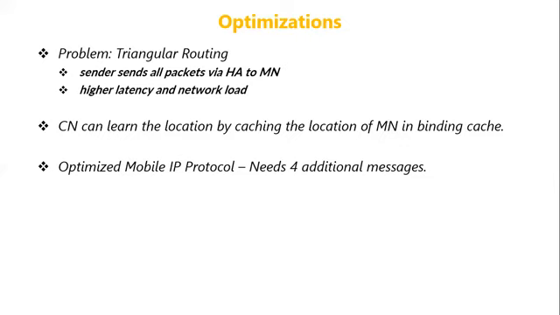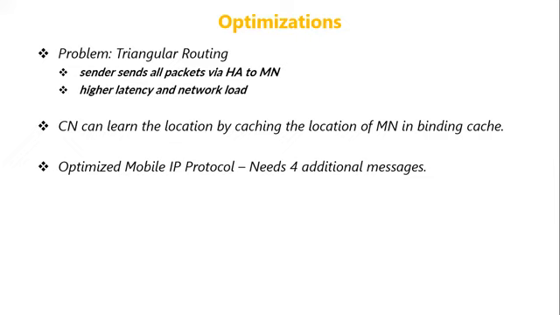In this particular lecture, we'll be discussing how the communication between CN and MN can be optimized, especially when the mobile node is moving from one foreign agent to another foreign agent.